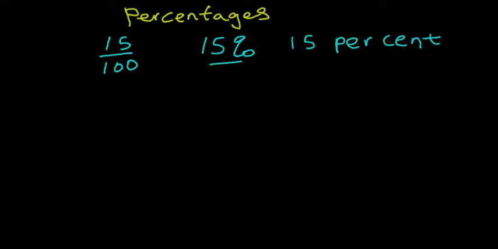For another instance, let's say we have a classroom of 100, and 35 are girls. So what is the percentage of the girls in the class? 35%. That is 35 over 100.